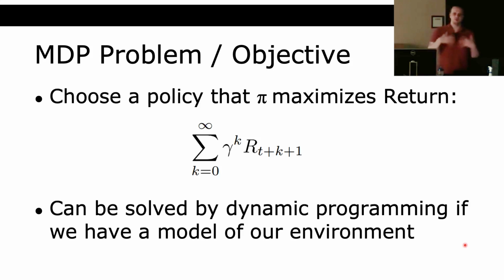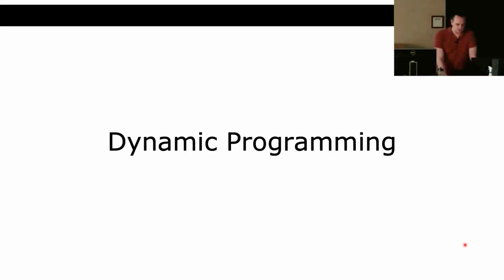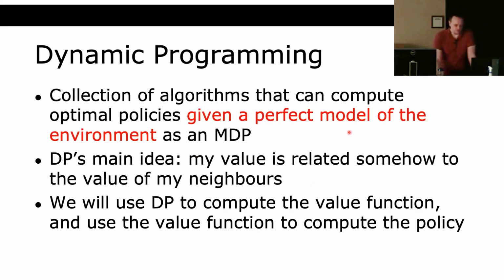And dynamic programming, if you remember your algorithms class, is a method of solving a problem by relating the value of a given state to previous states, right? So neighboring states in the problem space. So DP is a collection of algorithms that can compute optimal policies given a perfect model of the environment as an MDP.